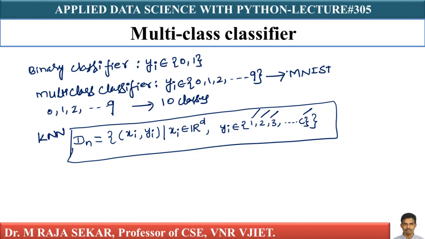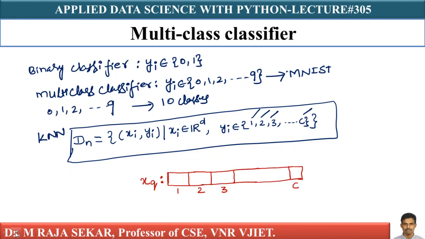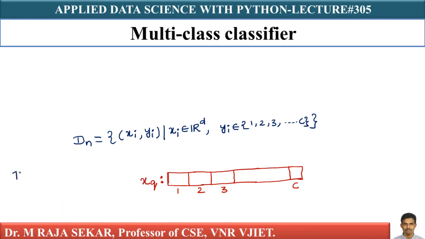When I have that, how does KNN exactly work? Given a query point xq, let's say I am doing 7 nearest neighbors, 7-NN.